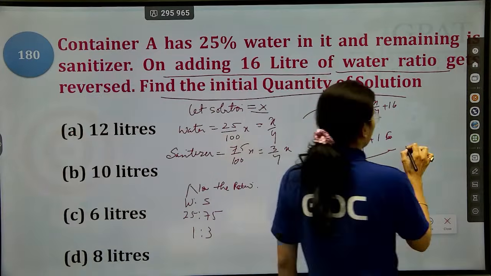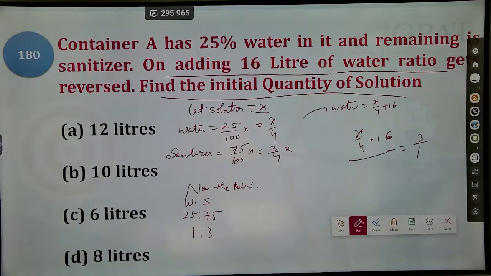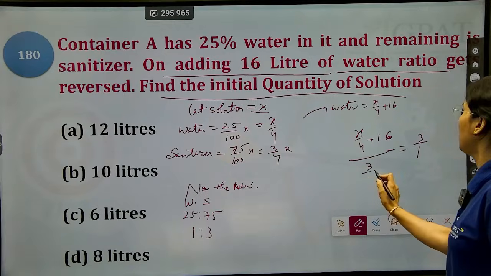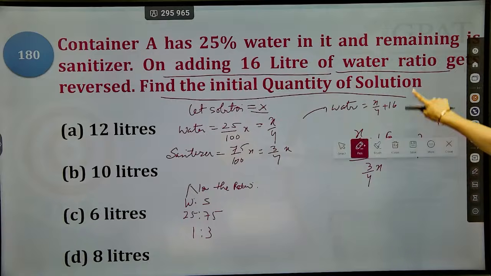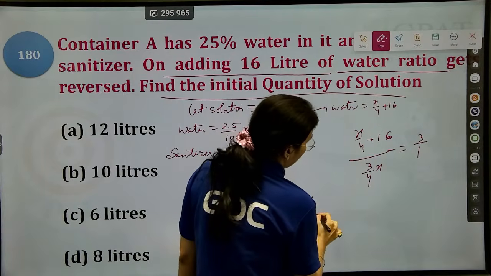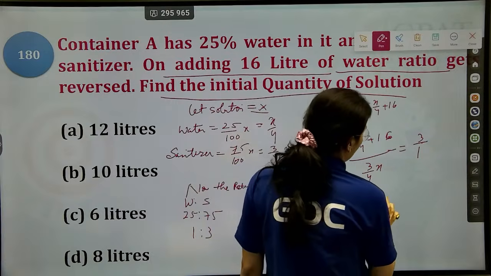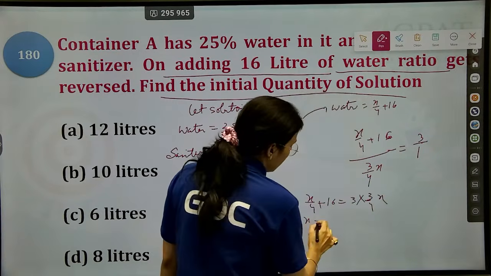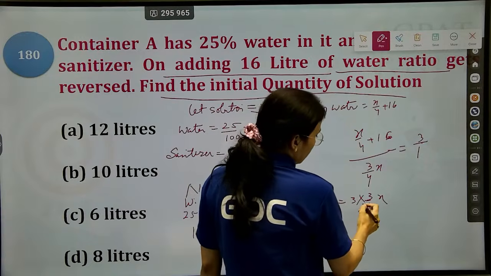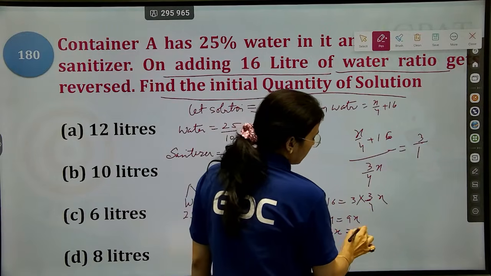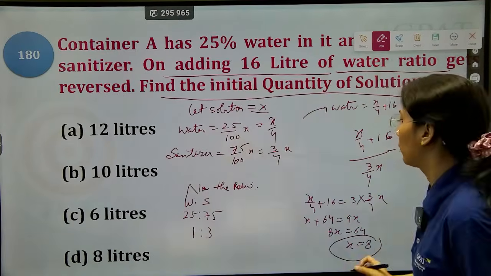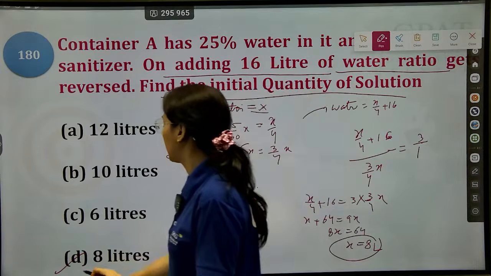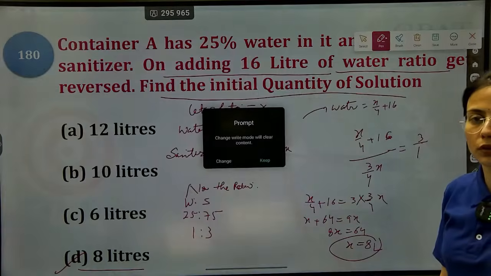Now the ratio reverses, that is 3 by 1. When we solve, x by 4 plus 16 is equal to 3 multiply 3 by 4 x. So x plus 64 is equal to 9x. So 8x is equal to 64, then x is equal to 8. So the solution is 8 liters. Option number D is correct.